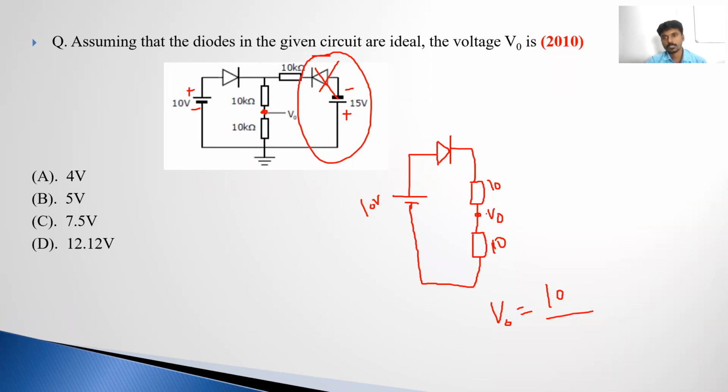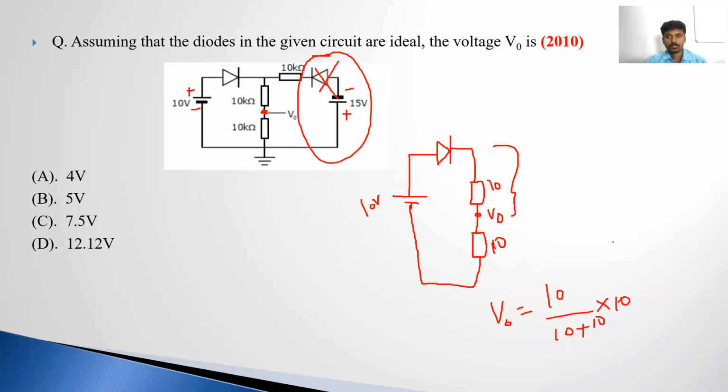Total resistance is 10 plus 10 into 10, because we are only finding the voltage across this circuit.